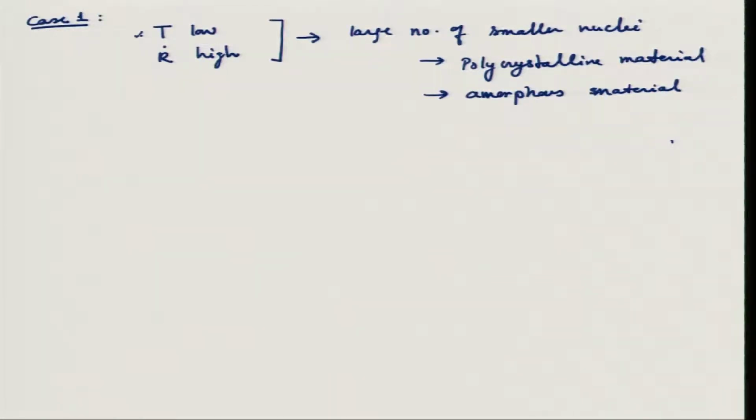Also, while it is migrating, its migration should not be hindered by anything till it finds a suitable site. But if my deposition rate is high, then by the time one atom finds a suitable site, there are many more atoms or molecules being deposited, which will hinder its movement.